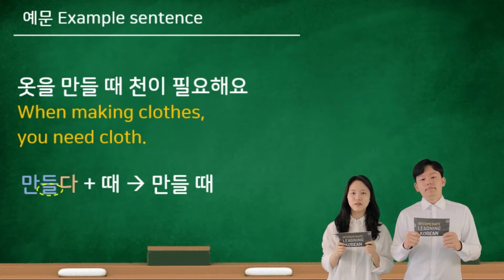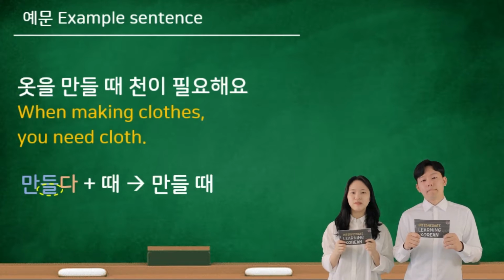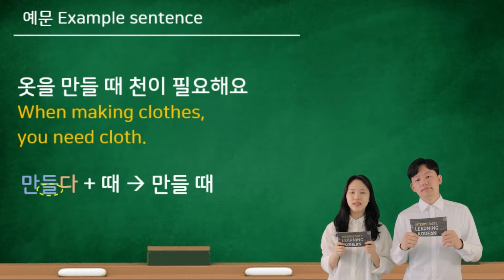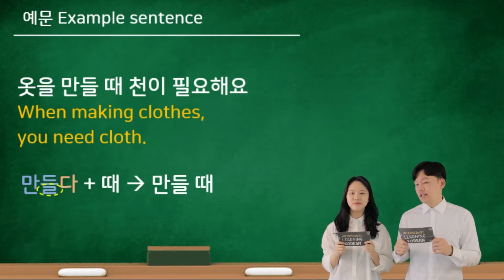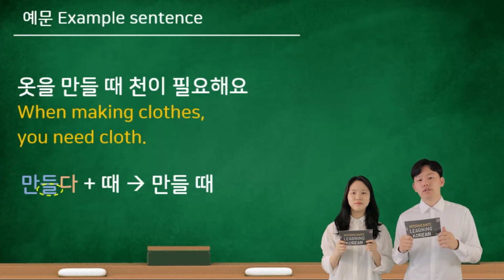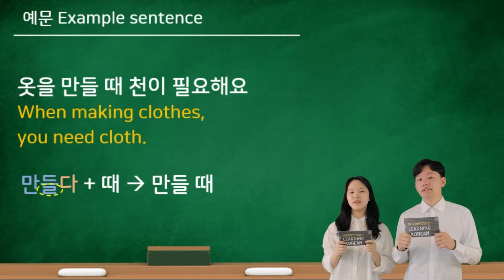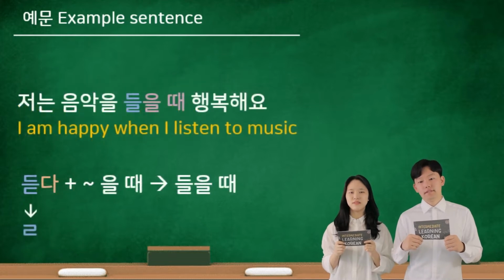In this sentence, if there is a 비읍 in the stem, the 비읍 is changed to 우 and 리을 is used. So we can say 추울 때, right? Yes. Looking at the example sentences together, it seems much easier to understand. Yes, that's all for the review.